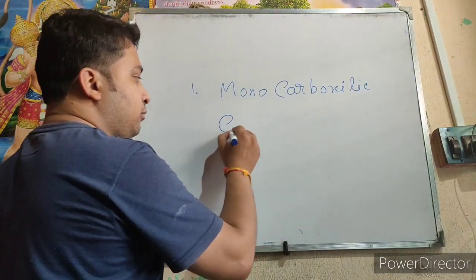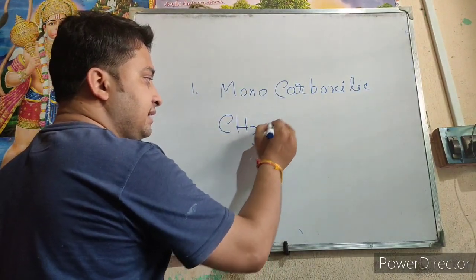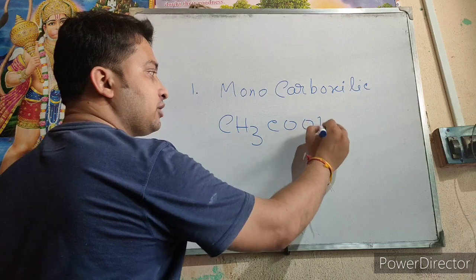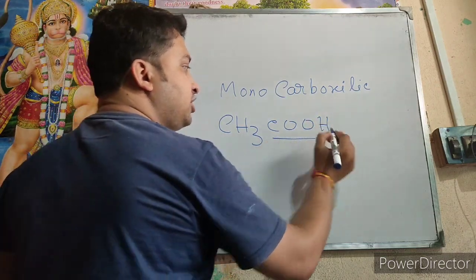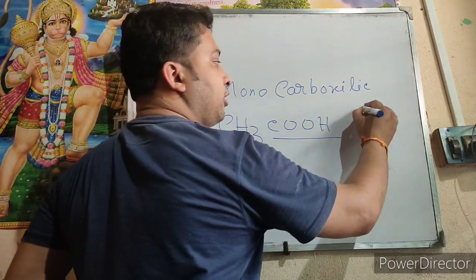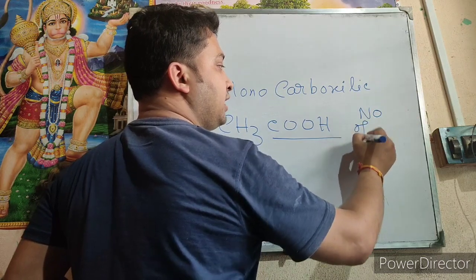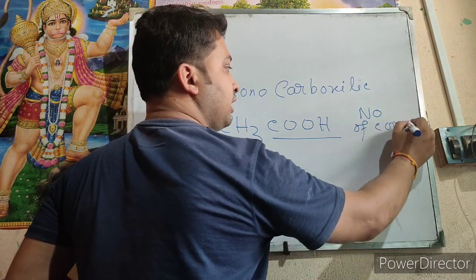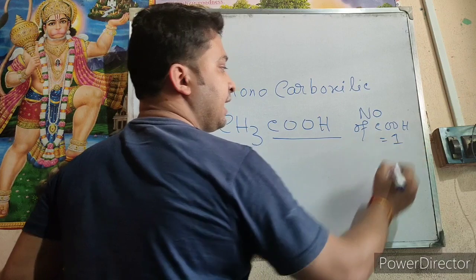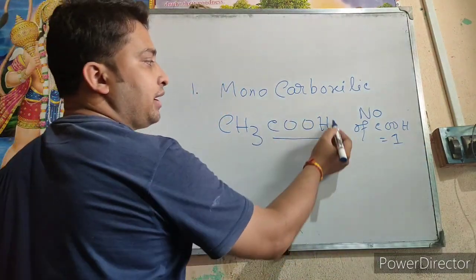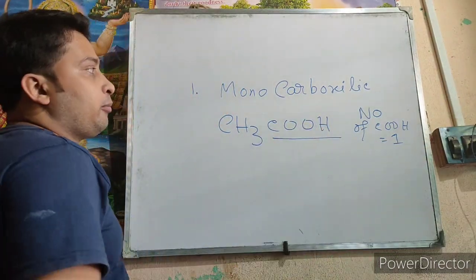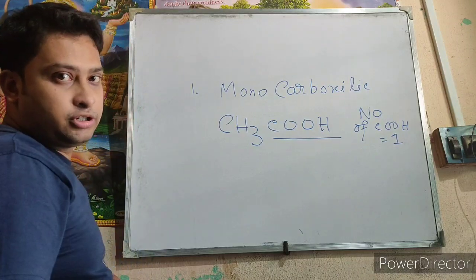What do you mean by monocarboxylic acid? That means CH3COOH, where the number of COOH equals 1. As the number of COOH equals 1, this is called a monocarboxylic compound.